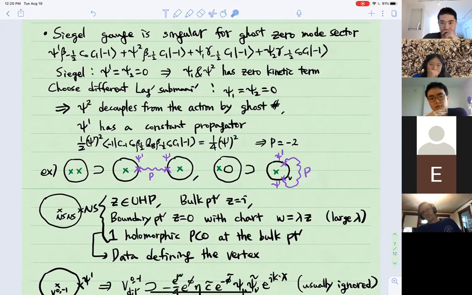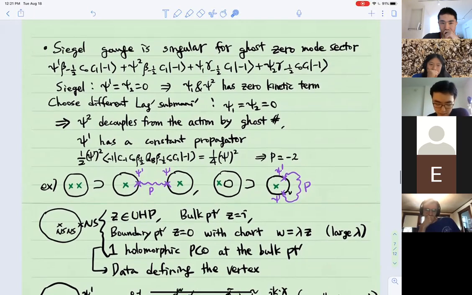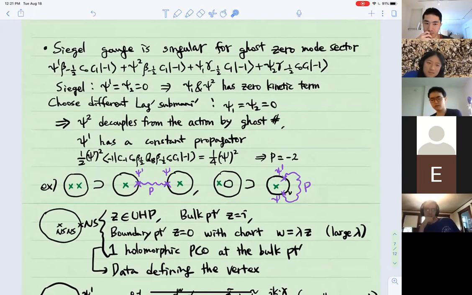Well, but it looks like your gauge choice amounts to asking that some Fourier mode of beta annihilates the states. Sorry, what do you mean by Fourier mode? We don't have any momenta here. No, I mean, oscillator mode. You're basically saying that beta 1/2 annihilates.